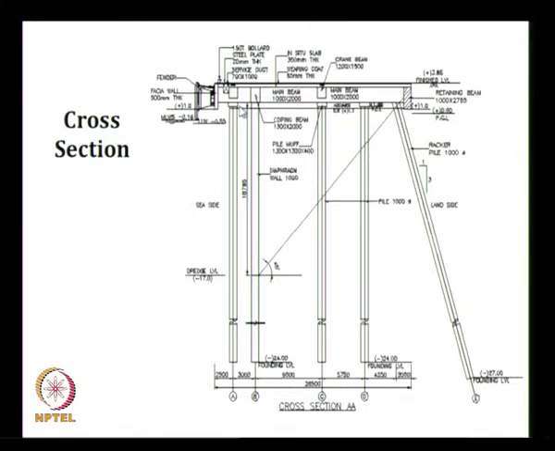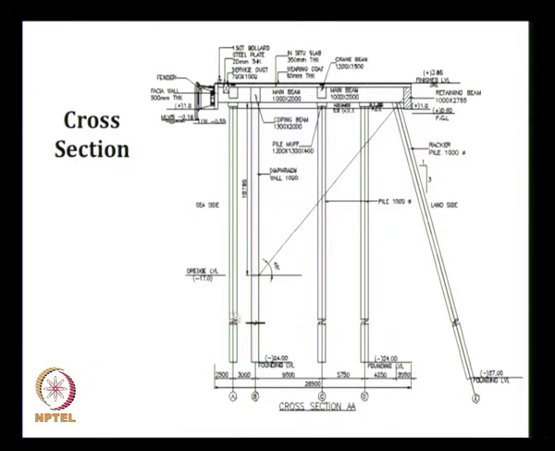Suppose you take a cantilever beam fixed somewhere here and apply a load here, what will be the delta? What is the equation? PL cube by 3EI. Here the length is more, delta is constant. So PA, PC and PD will be different because L is different.